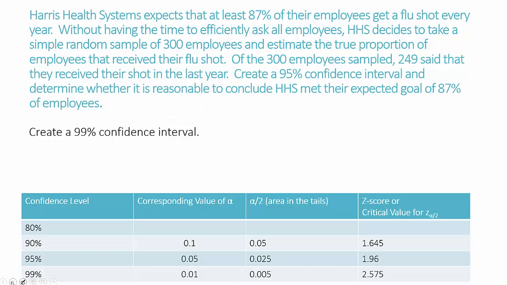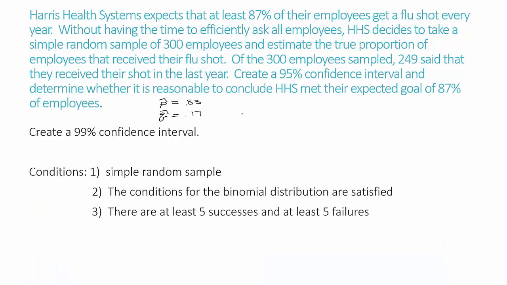So we'll look up our z-score, and we want 99% confidence, which means that we have an alpha value of 1%, and we're going to have to use a critical value of 2.575. So in calculating E, we fill in 2.575 for z of alpha over 2.